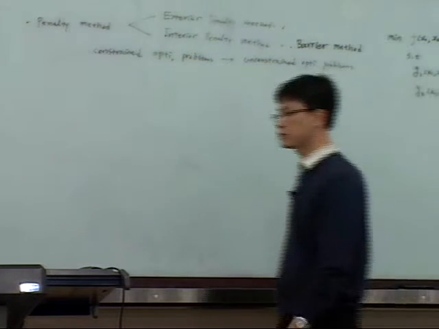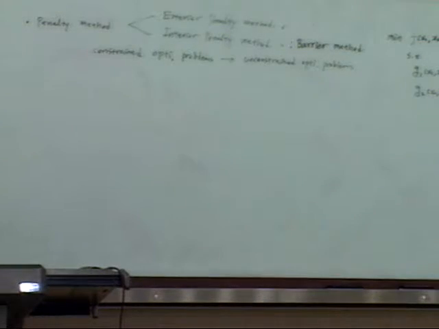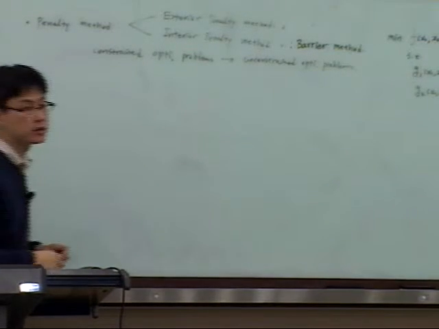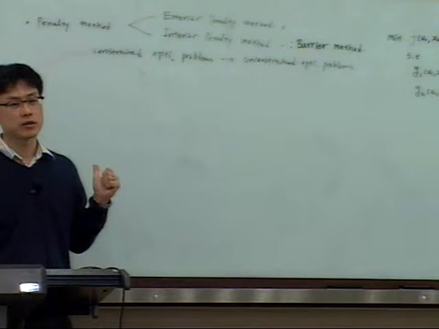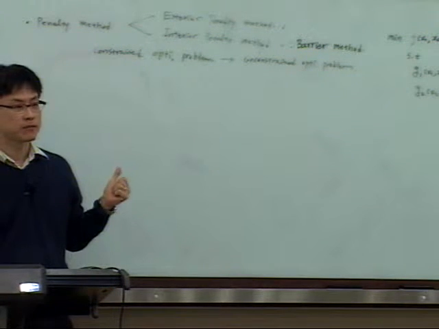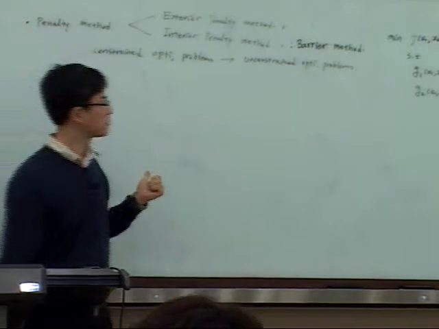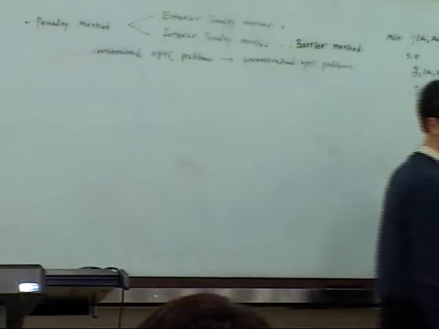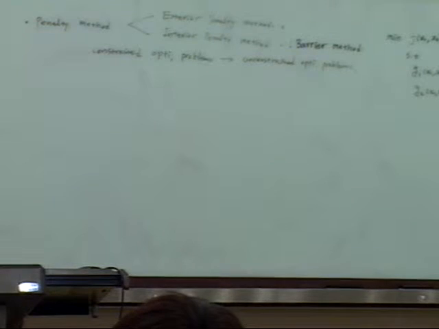Okay, the exterior penalty function method. Compared to the barrier method or interior penalty method, this one is somewhat easier in terms of programming. But it has a weak point.